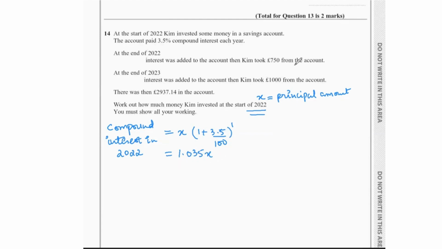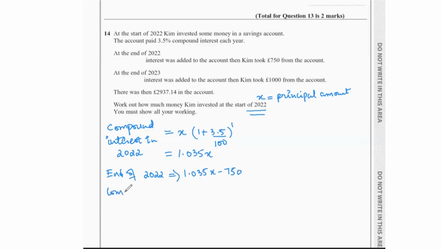At the end of 2022, Kim took £750 from the account. So end of 2022, that's going to be 1.035x minus 750. So that means when we start 2023, this is going to be our initial amount.